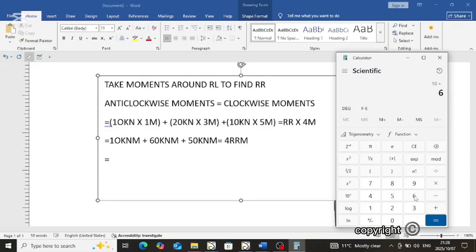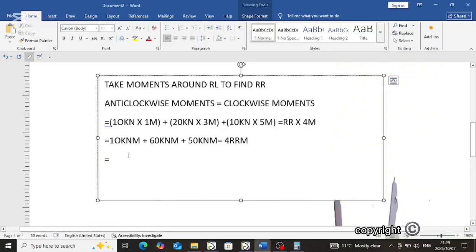It's 10 plus 60 plus 50. It's 120. 120 divided by 4 will be our RR.